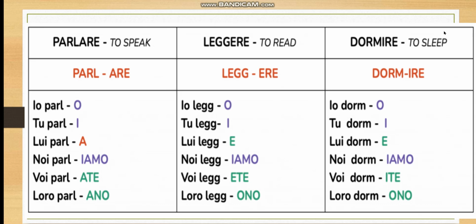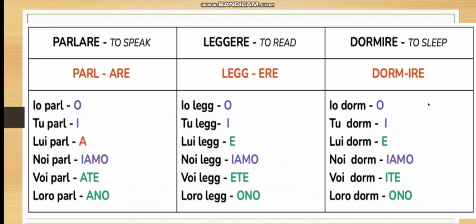The same thing we will do with the verb leggere. And the second verb is leggere, to read. Io leggo. Here we will not pronounce leggio, so pay attention. Io leggo, tu leggi, lui legge, noi leggiamo, voi leggete, loro leggono.